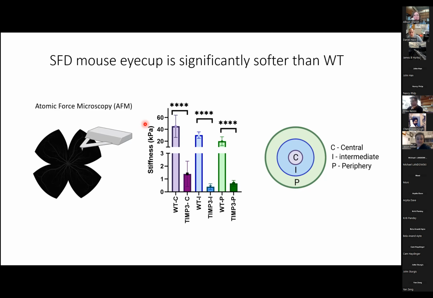And another thing is that these results show the stiffness is also changed spatially. It's more stiff centrally than peripherally. So I think that would make it even harder in a mouse because we wouldn't be able to isolate those specific regions.